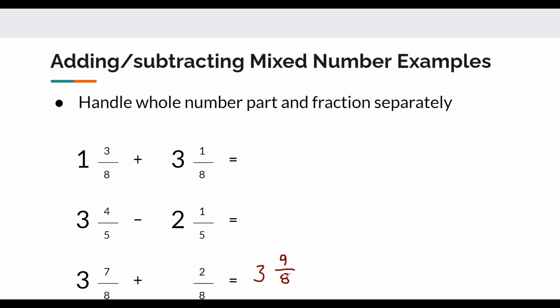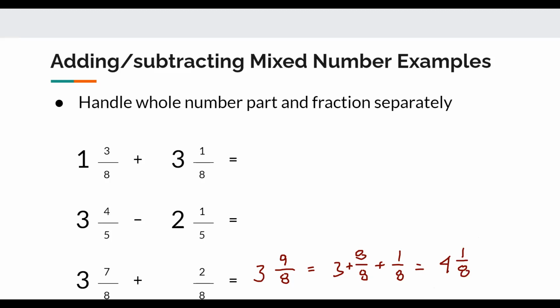The numerator is larger than the denominator. That means that this number is larger than 1. So it really means this is the same as 3 plus 8/8, plus 1/8 left over. 8 over 8 is just the number 1. So that means we have a whole unit that can be added to the 3. So it's going to be 4 1/8 would be our final answer to that question.